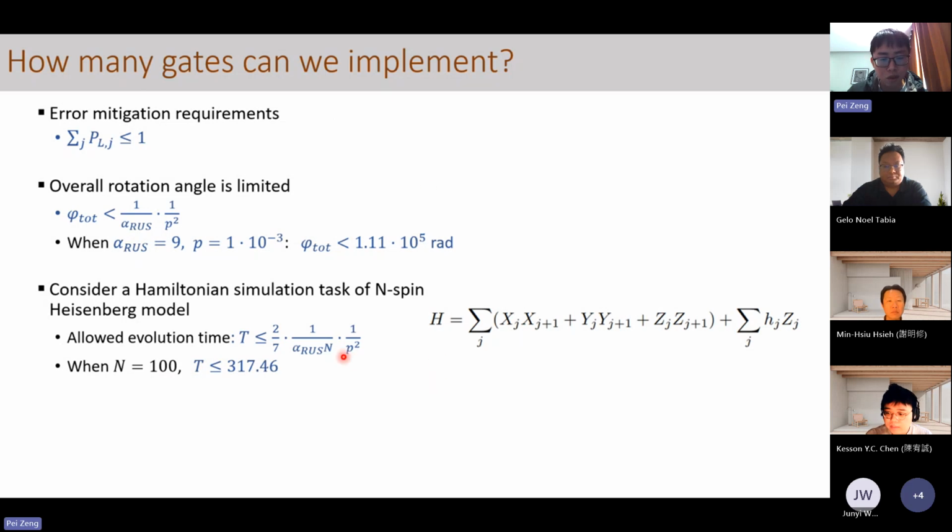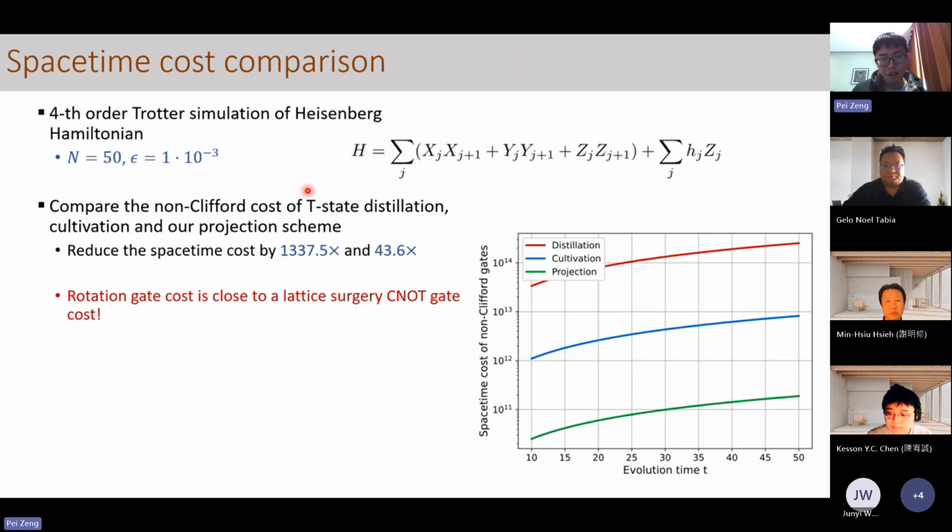Usually when they do resource estimation, they assume p is 10 to the minus 4, which is far beyond the capacity of current devices. Okay, and actually we have done some very rough resource estimation recently, but we can discuss. I also want to know what you guys want to do.